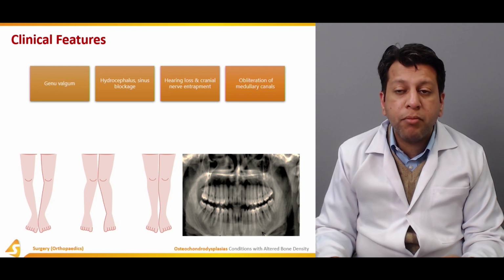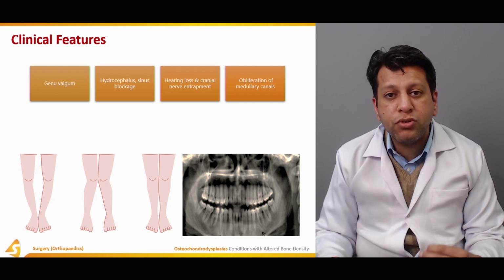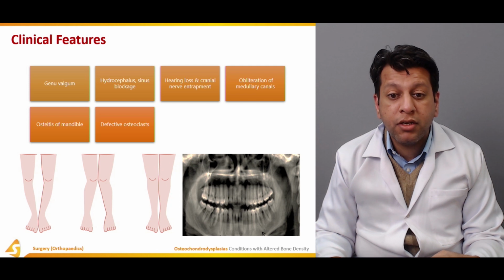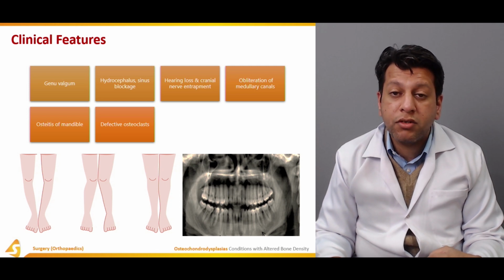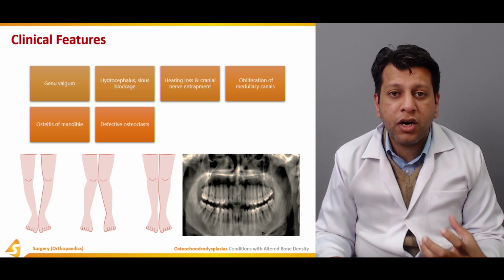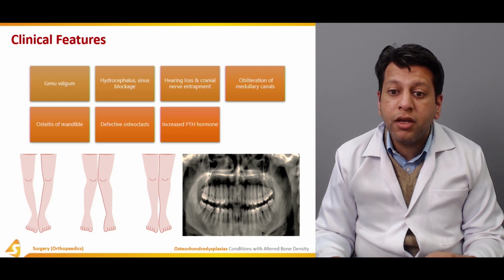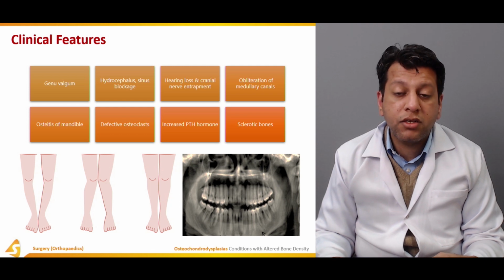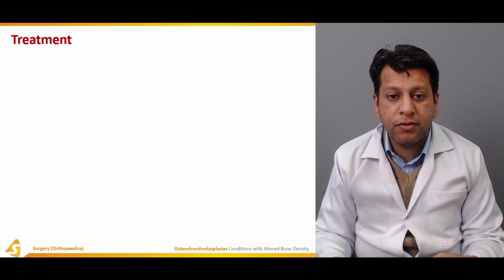And obliteration of the medullary canal, because in the long bones there's hardly any medullary canal seen. Osteitis of the mandible may be present. Defective osteoclasts may lead to a hard, defective, brittle bone. There may be associated increased parathyroid hormone levels, and sclerotic bones may also be present.